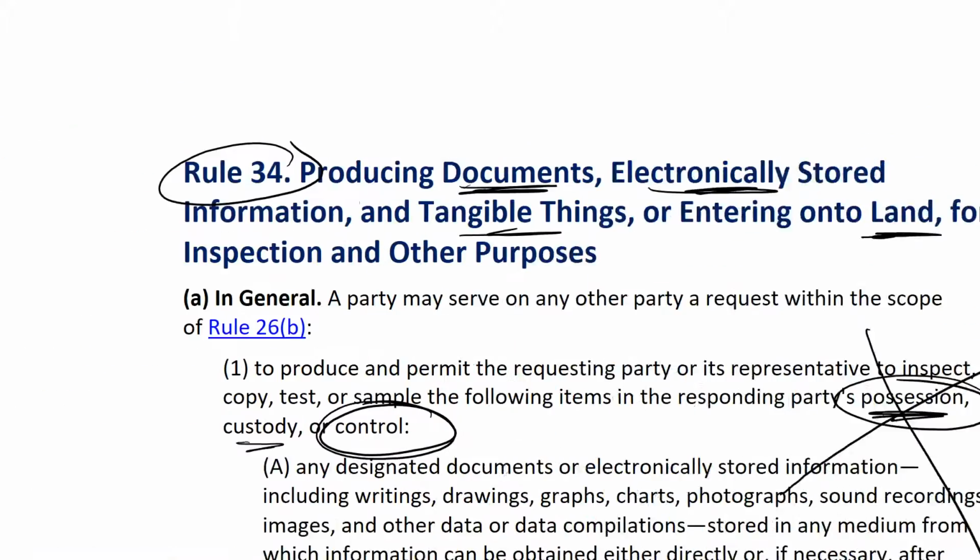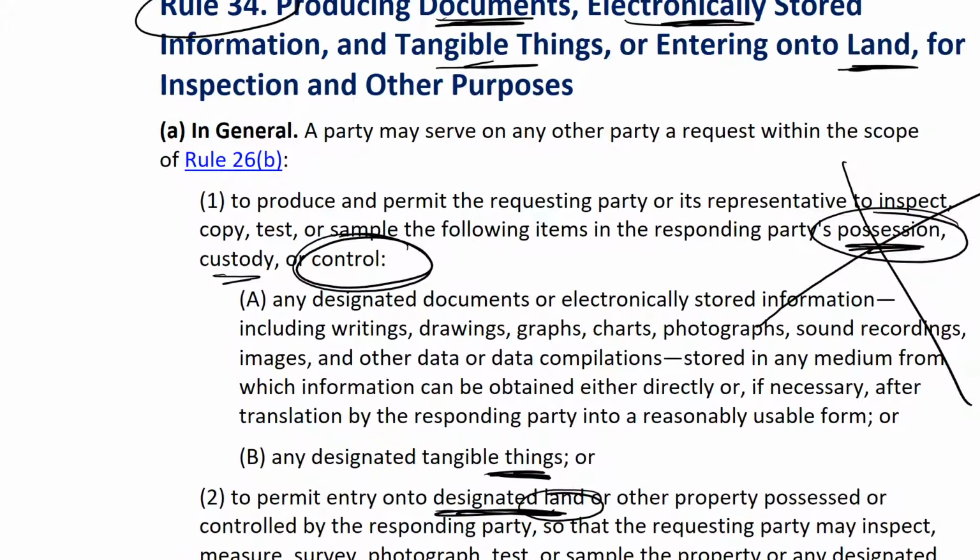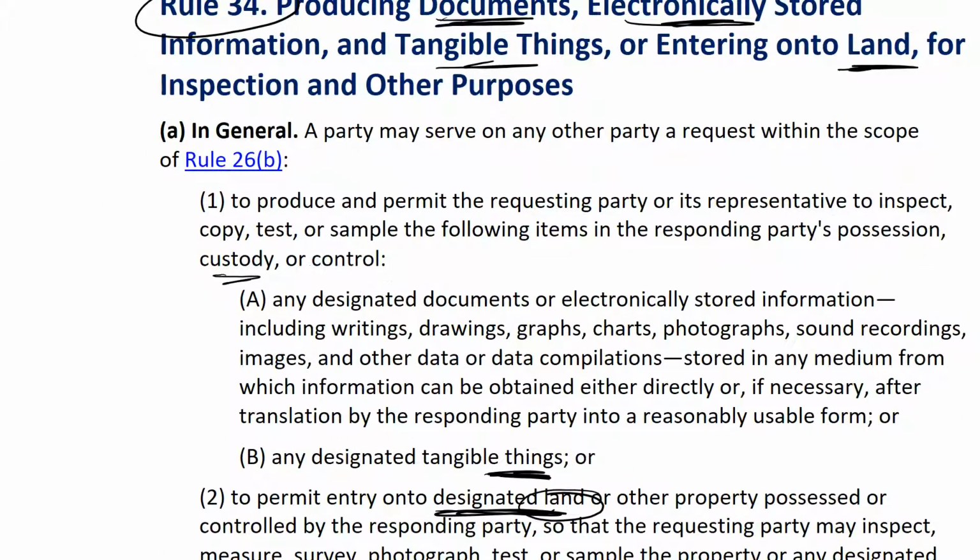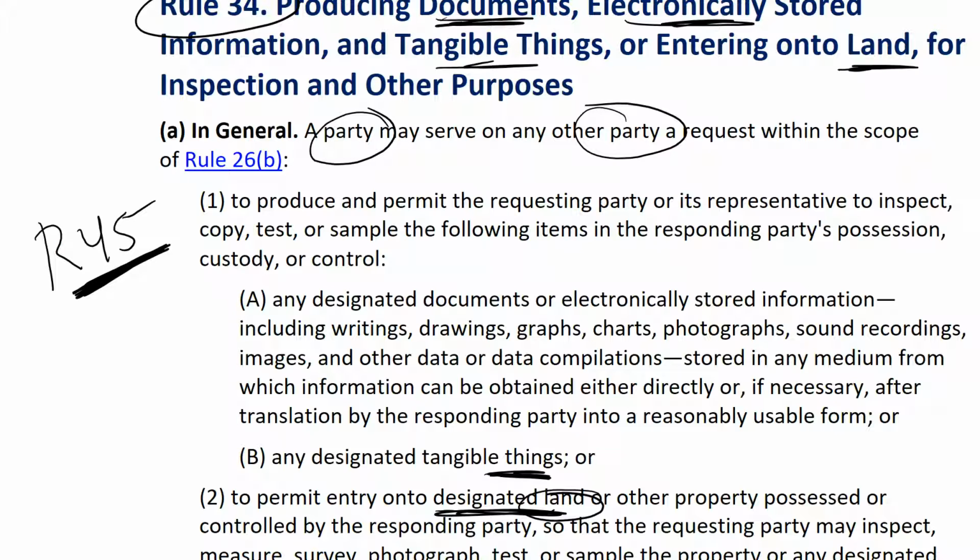Let me note just one other thing briefly. First, the rule talks about parties serving on other parties' production requests, but keep in mind that under Rule 45, you can serve a subpoena on a non-party to either have them come and testify, all right, or to produce documents.